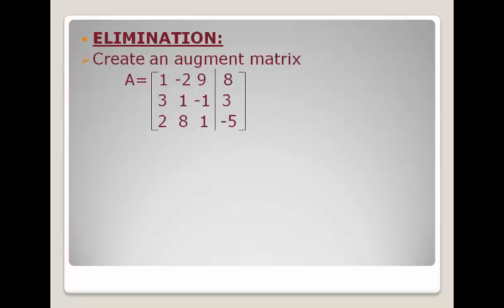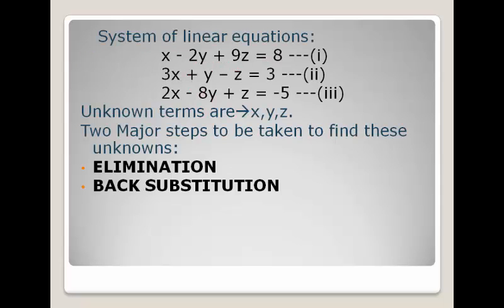For example, if we take the first equation, then the coefficient of x is 1, coefficient of y is -2 and coefficient of z is +9, and the right hand side of our equation contains 8.